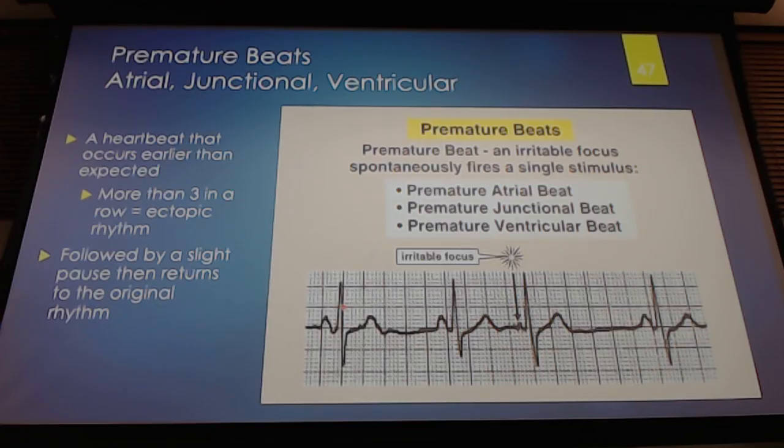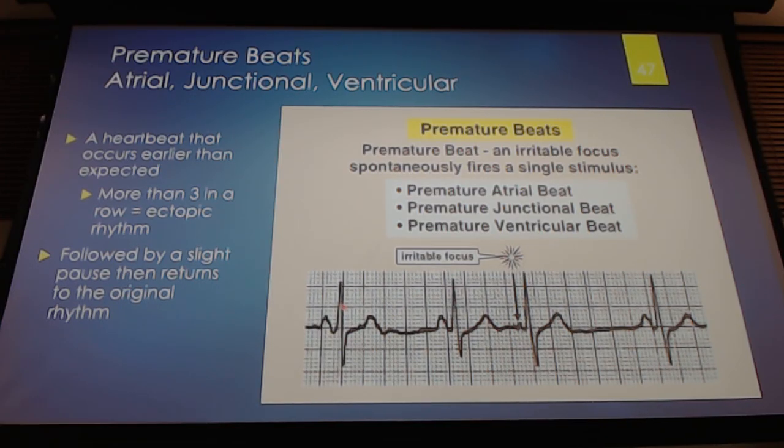Should we have a P wave or no P wave? We should have a P wave. If I say we have a premature junctional beat, you might have normal sinus, and we have a beat that occurs earlier, and it's junctional. P wave or no P wave? Maybe P, but if we have a P, it's going to be inverted. So it's either no P or inverted.